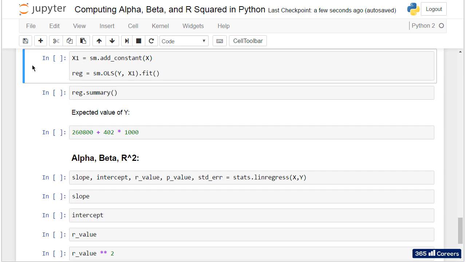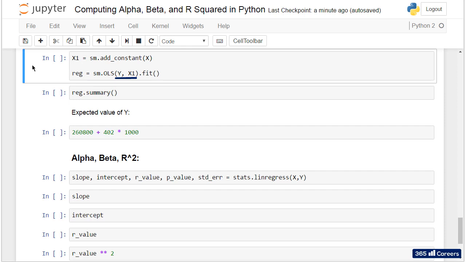We will assign the newly obtained information, which is the object x, and the constant to a new variable. Let's call it x1. Right after that, we will assign to another variable, reg, the output of an ordinary least squares regression, OLS. As arguments, we must add the dependent variable y and the newly defined x1.